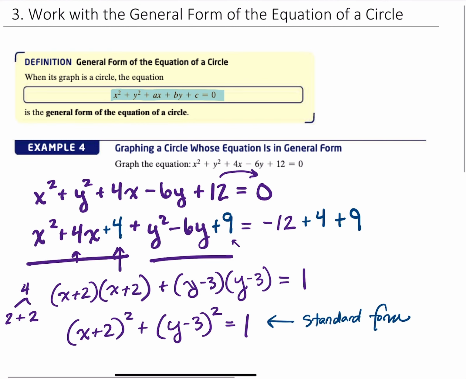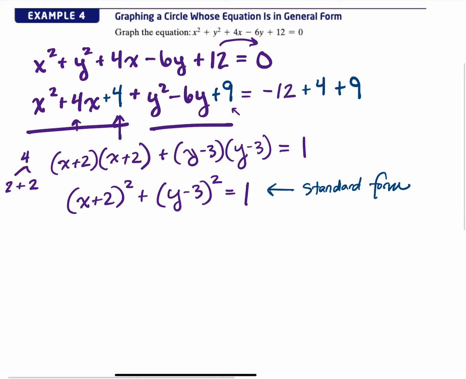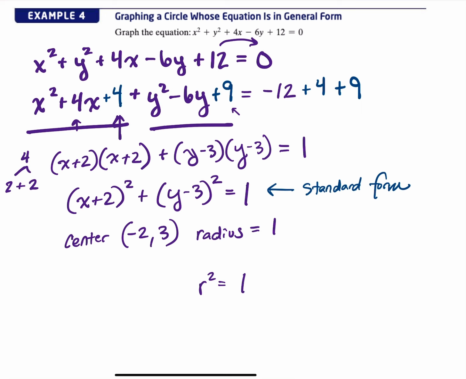Now just by looking at it, we can read the properties off of it. We know, okay, this is a circle, it has a center at -2, +3. Remember, the coordinates will flip in sign. And then our radius will just be 1, because we could say r squared equals 1. Well, the square root of 1 is still 1.